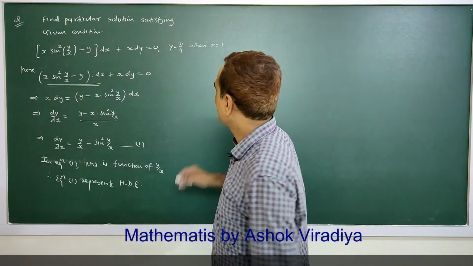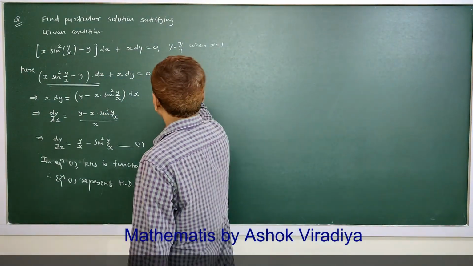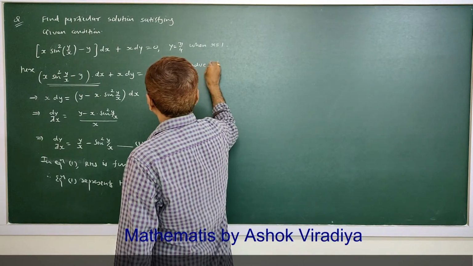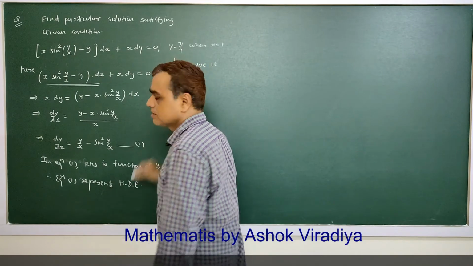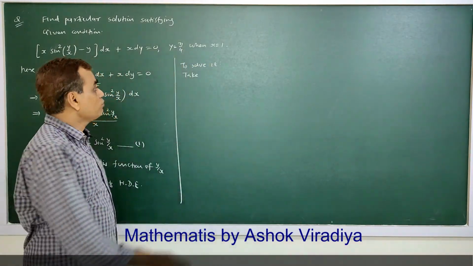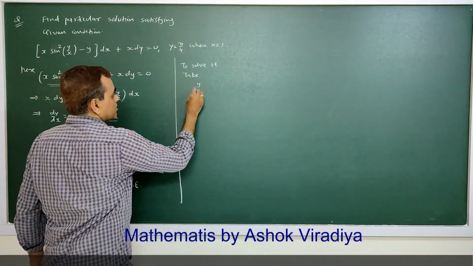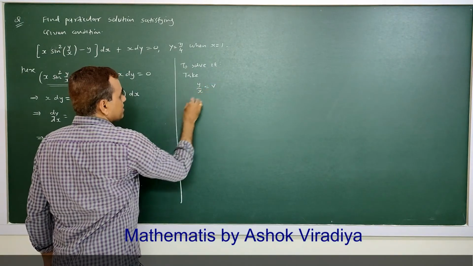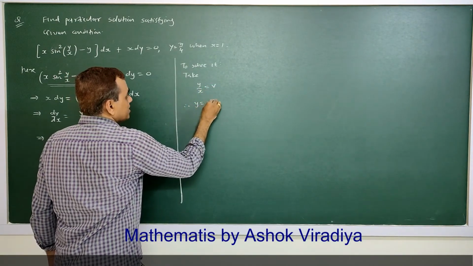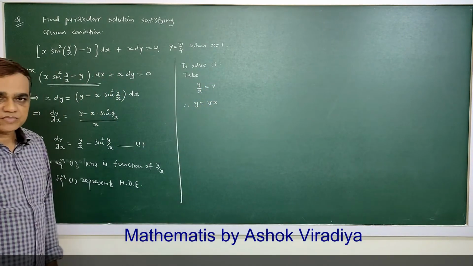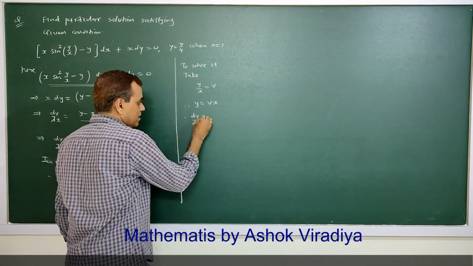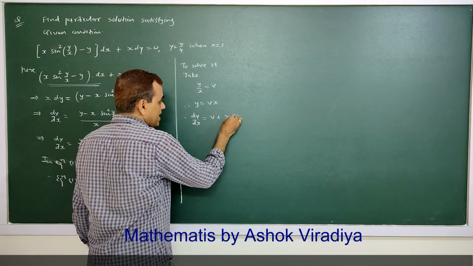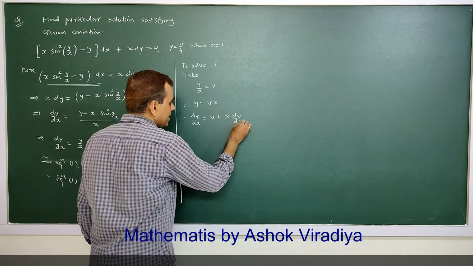And to solve this equation, we take y by x equal to v. y by x is v, so y is vx. So dy by dx is v plus x into dv by dx.